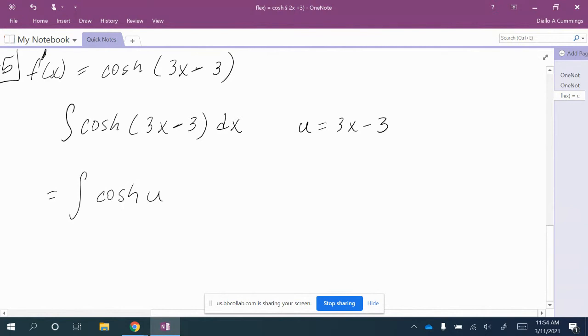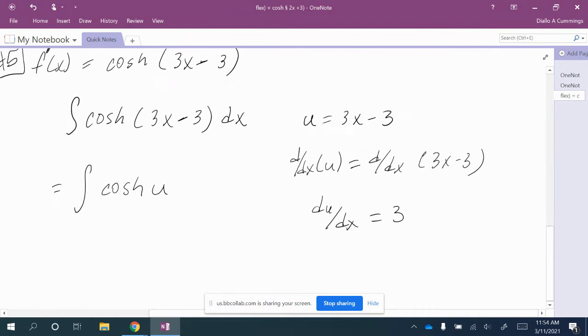So in order to transform dx into the du variable, I'm going to take the derivative of my substitution equation with respect to x for both sides. On the left-hand side, I have du dx. The derivative of 3x minus 3 is 3.